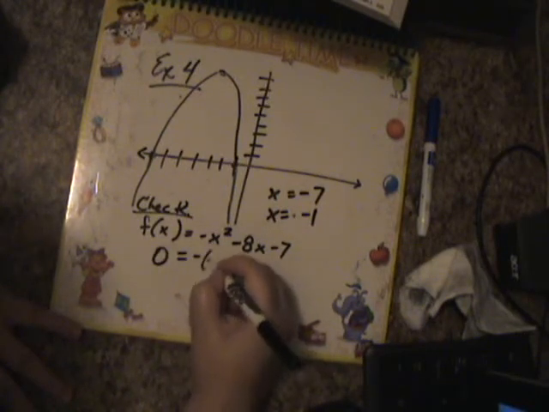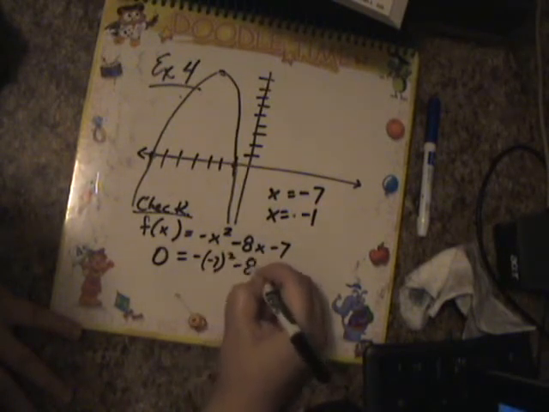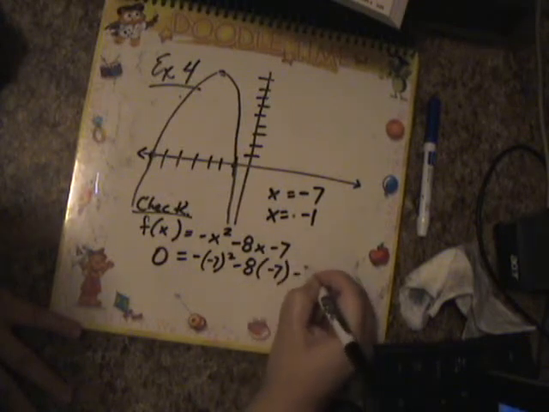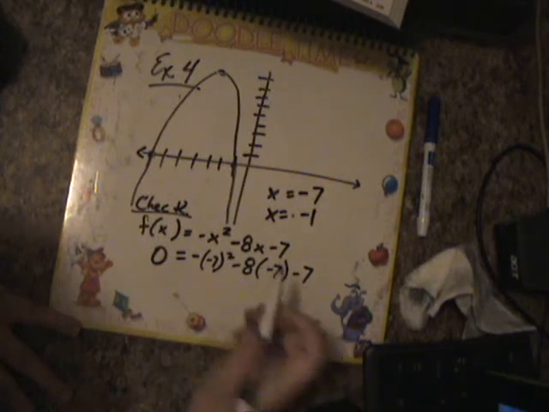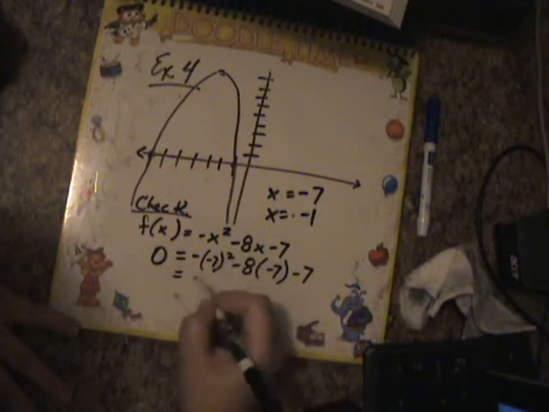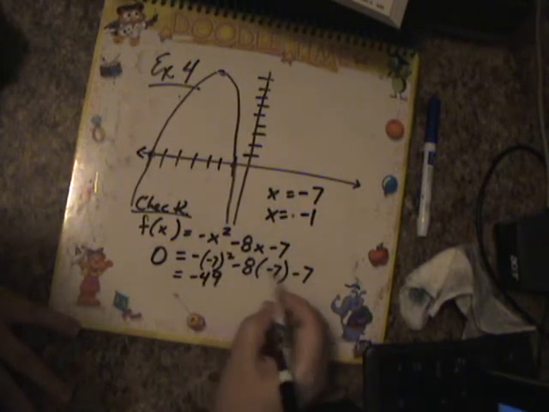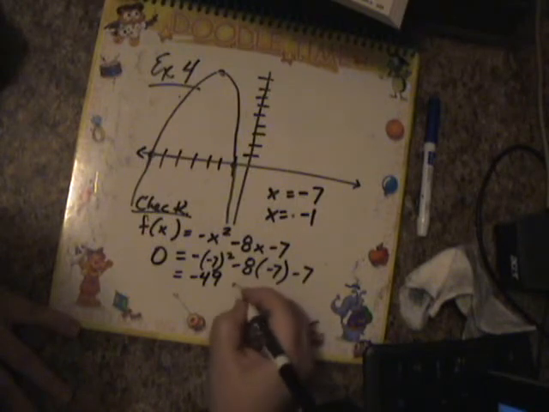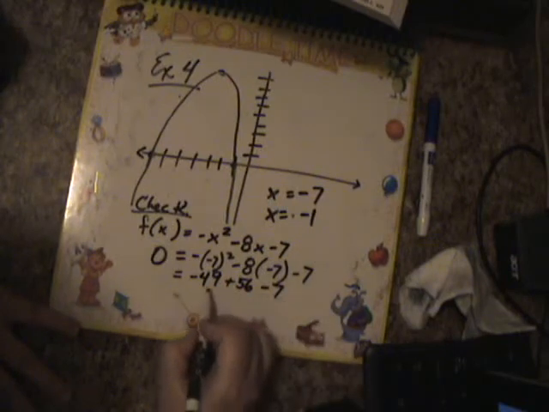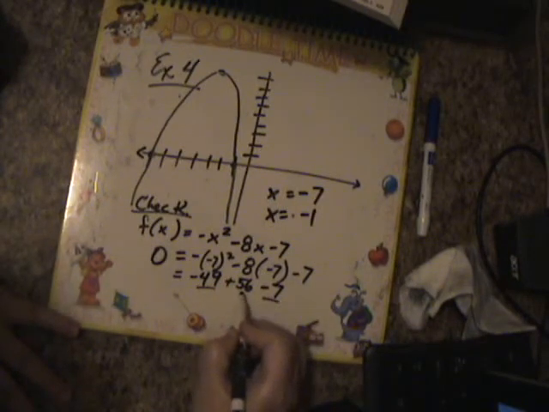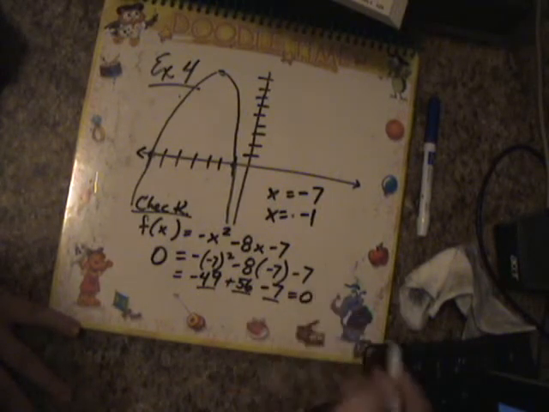So negative 7 squared minus 8 times negative 7 minus 7. I can actually tell right away this is going to work because this is negative 49. Negative and negative 8 times 7 is 56. And then another minus 7. So negative 49 and a negative 7 is going to equal negative 56. So that does equal 0.